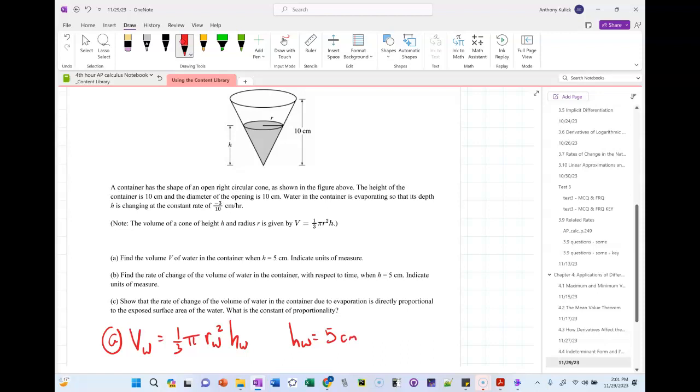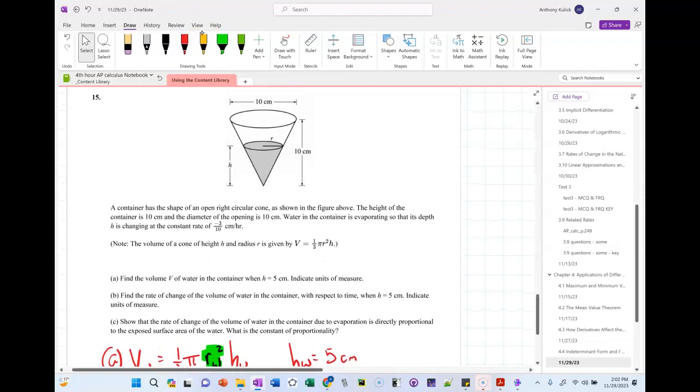What do we still need for this formula to work, though? The radius for the water. If we have that, we'll have everything we need to plug into this formula. Does everybody agree? How are we going to figure that out? A similar triangles argument. That's exactly right.